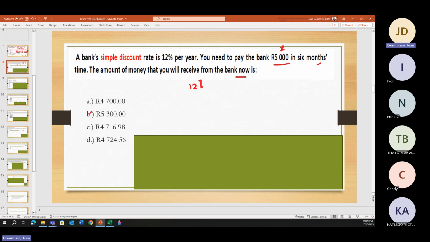So option B we can eliminate, because it needs to be less. It's not going to be more than 5,000, it's going to be less than 5,000. And then you see these options are very close to one another, about 8 Rand apart. So it can be any one of these. So let's work it out.